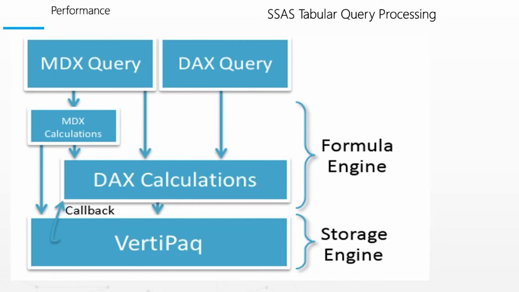However, if the formula engine determines that a particular calculation can be run more efficiently by doing the calculation as part of the scan, and if the calculation is too complex for the storage engine to compute on its own, for example an IF function or the LASTDATE function, the VertiPaq storage engine can send a callback to the formula engine. Though the formula engine is single-threaded, it can be called in parallel from multiple threads servicing a single VertiPaq scan.